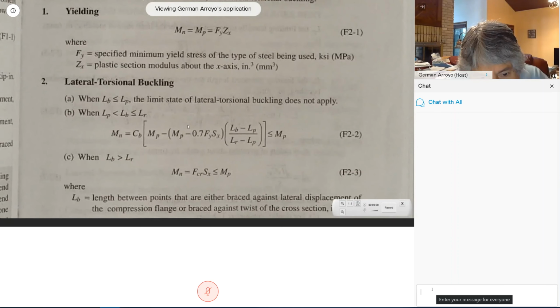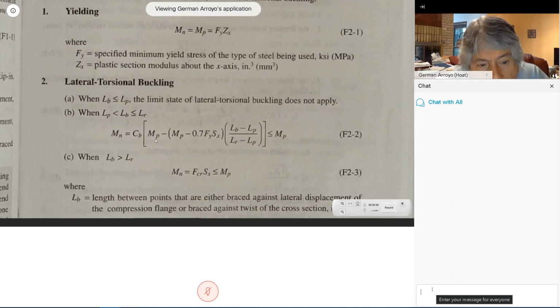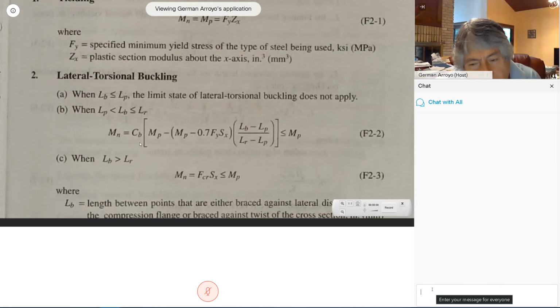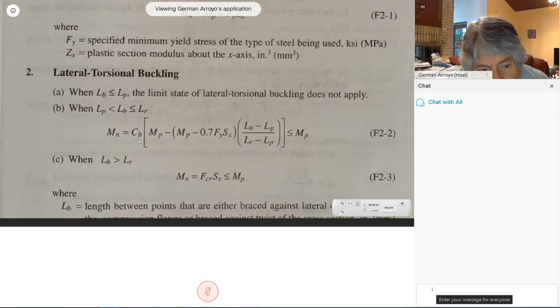Of course, this is going to be smaller than M sub p. However, this C sub b can be larger than 1, and most of the time it is going to be larger than 1. Whenever we have a constant moment all over, a rectangular shape of the moment diagram, this is going to be 1. But other than that, it's going to be larger than 1.